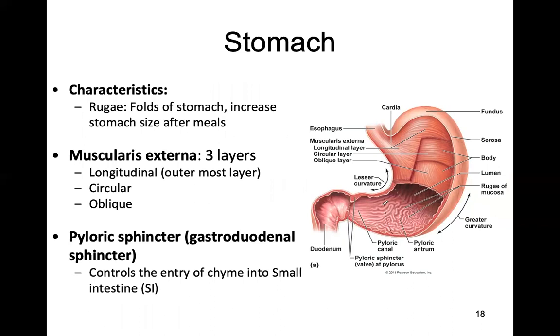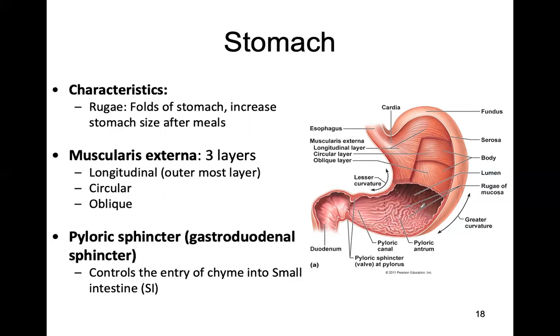What you can also see are the folds found inside the stomach. These folds are referred to as the rugae. The purpose of the rugae is to allow your stomach to expand as you consume food. To give you a few numbers, when your stomach is empty, all of these folds are collapsed on themselves, and the stomach is relatively small, about half a liter, basically a typical water bottle.